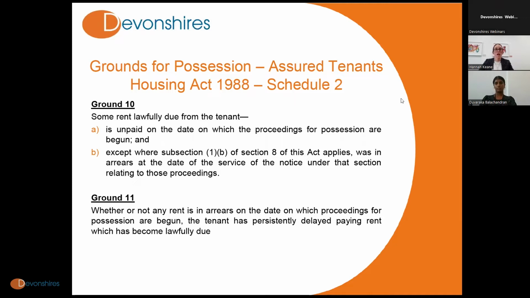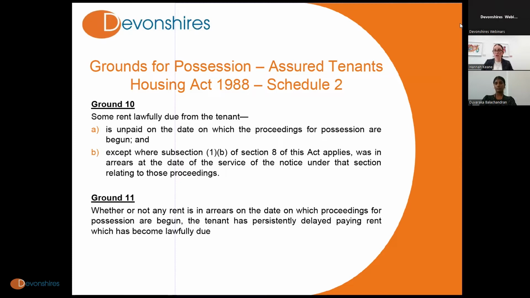So ground 10 is that some rent lawfully due from the tenant is unpaid on the date on which the proceedings for possession are begun, and except where subsection 1B of section 8 of the Act applies, was in arrears as at the date of service of the notice. Ground 11 applies regardless of whether or not the rent is in arrears on the date of the proceedings, and that the tenant has persistently delayed in the rent becoming lawfully due.